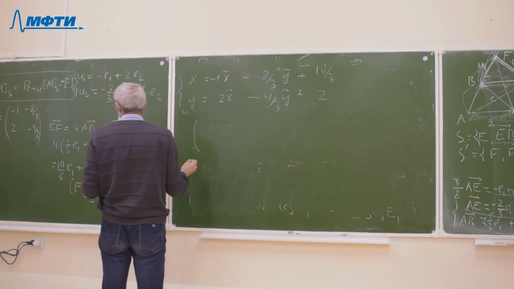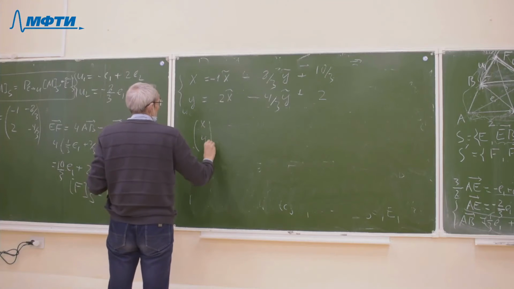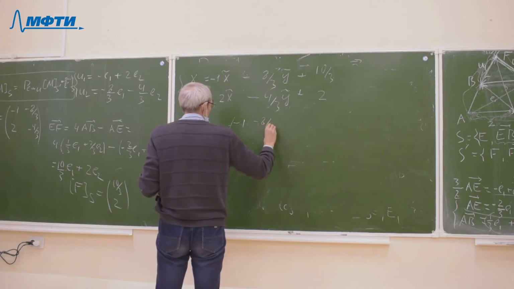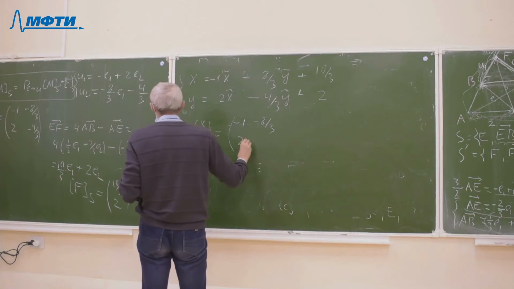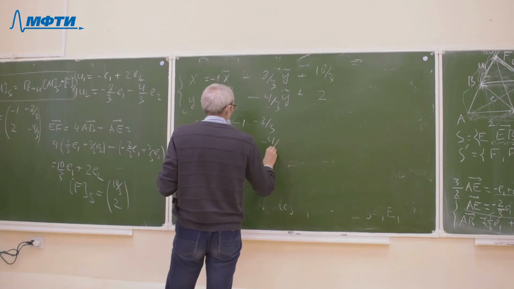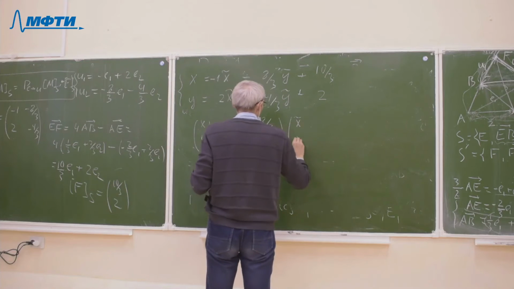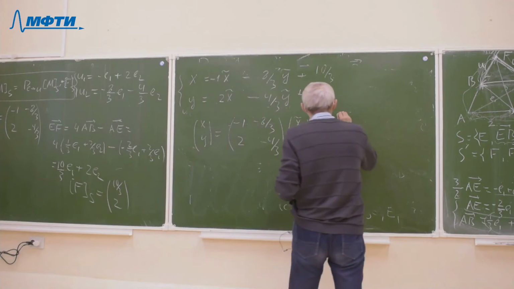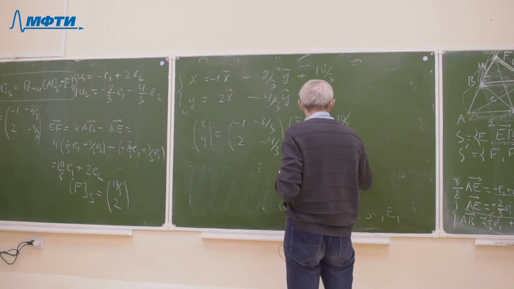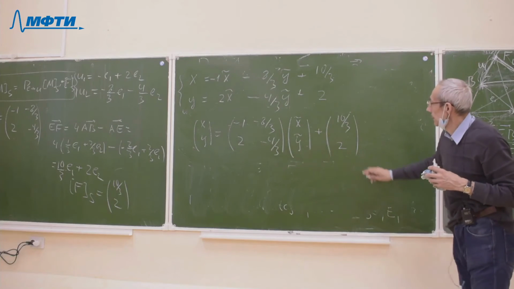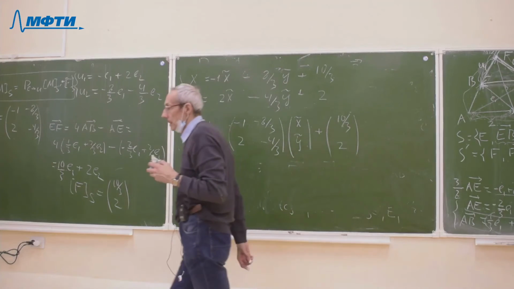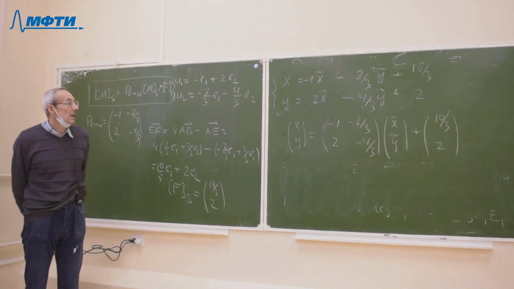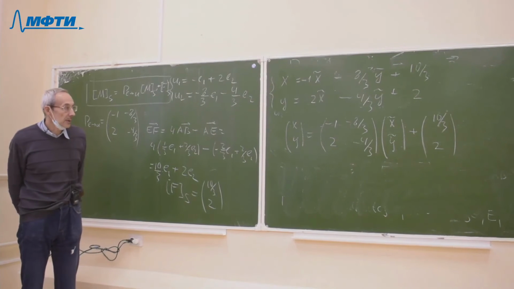And in matrix form, using this formula, we obtain x, y is equal to minus 1, minus the ratio 8/3, 2, minus the ratio 4/3, plus the coordinate vector of the new origin. This is the form for the expression of the coordinates of a point in the old coordinate system in terms of the coordinates of this point in the new coordinate system. And this is the answer.